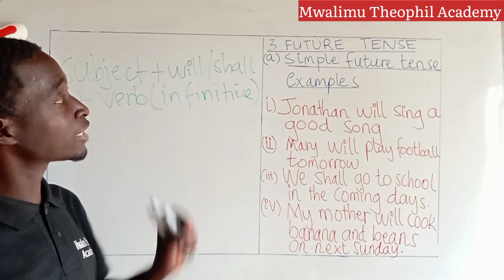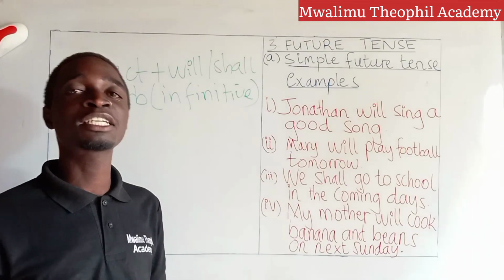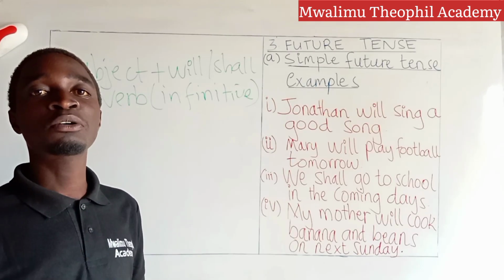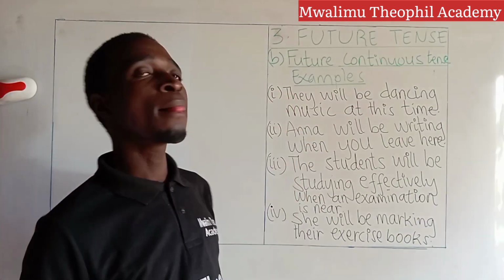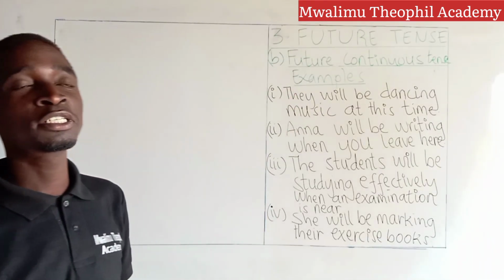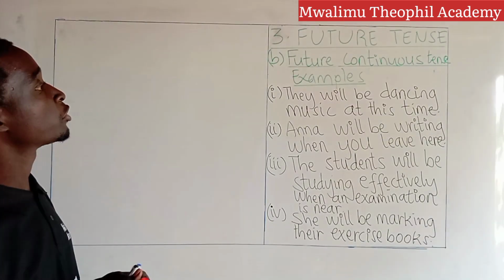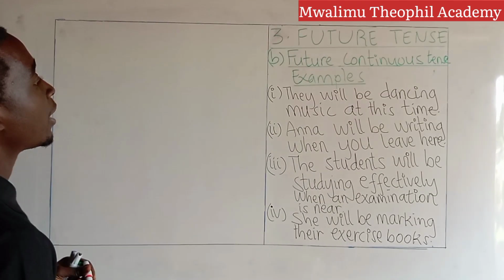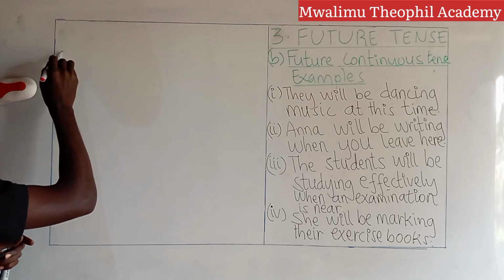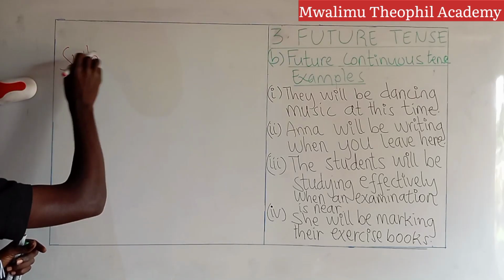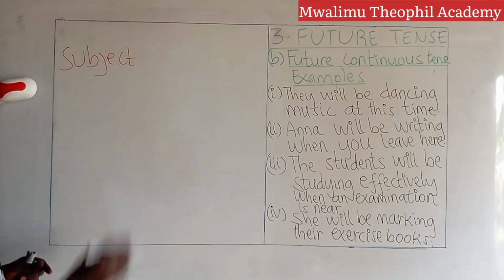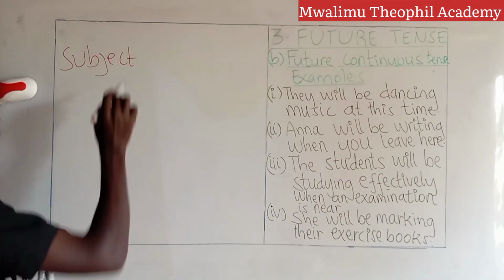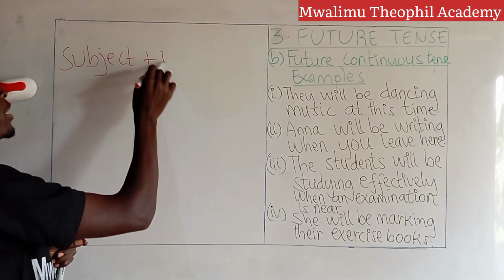Now, after this first category, let us see a second category, which is future continuous tense. Any sentence which is in future continuous tense should obey the following rule. We start with a subject. A subject is followed by the words will be.